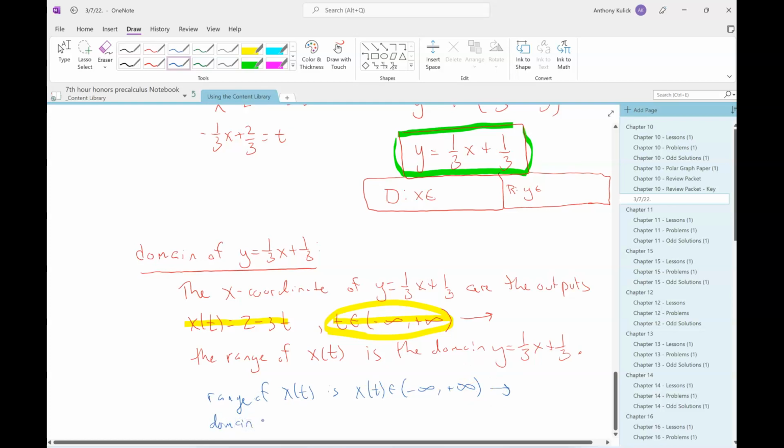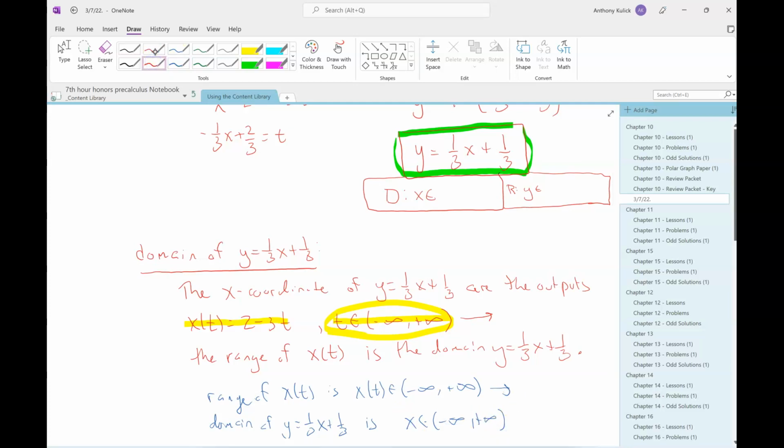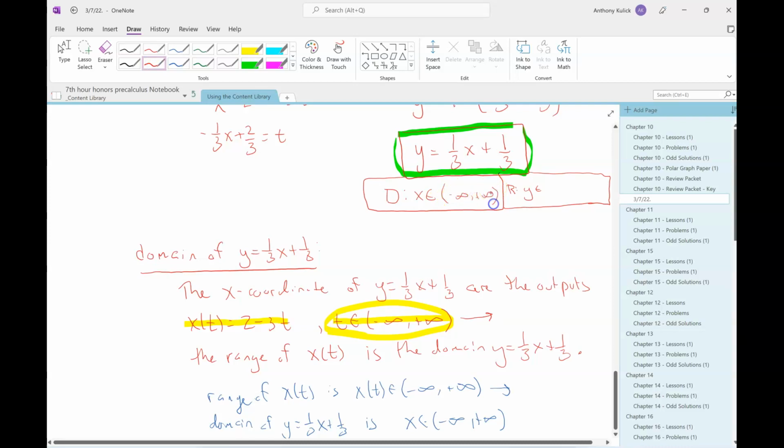And since the range of x of t is all real numbers, the domain of our Cartesian function is also all real numbers. Do you suppose that's frequently the case, that the interval for the parameter is the same as the domain for our Cartesian function?